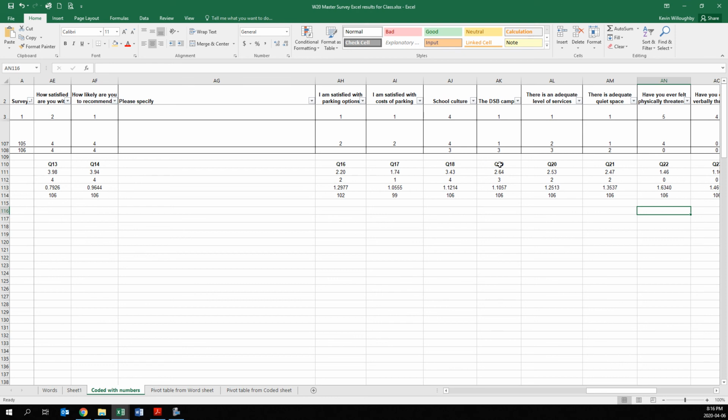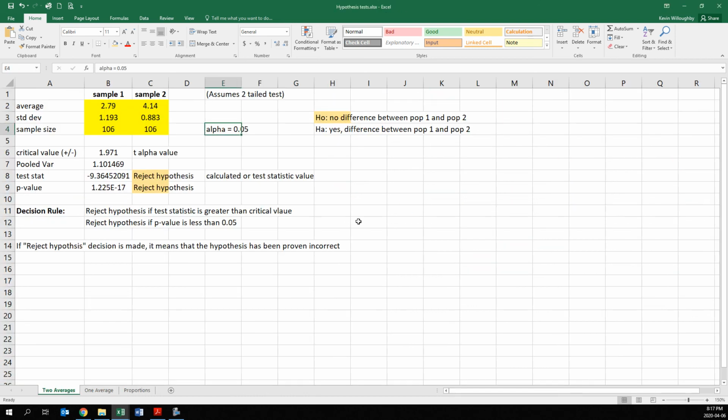So we can do that with any of these questions listed out: question 19 versus 20, question 18 versus 19, question 18 versus 22. There are many, many possibilities with this type of question. So that is our hypothesis test for two populations and two averages.